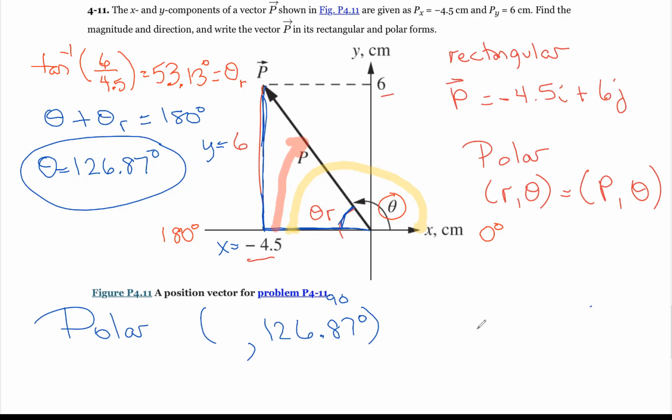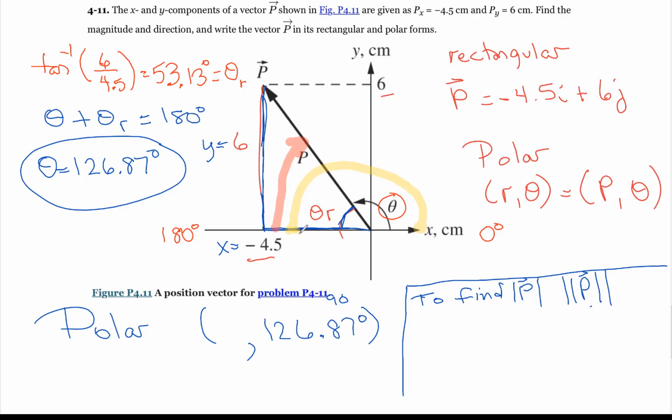To find p as a value, we want the magnitude of vector p. Sometimes we write it with 1 bar, and sometimes we write it with 2 bars, but whichever way you see it, it's the magnitude, the length of that line. I have my direction, I have to find my magnitude.